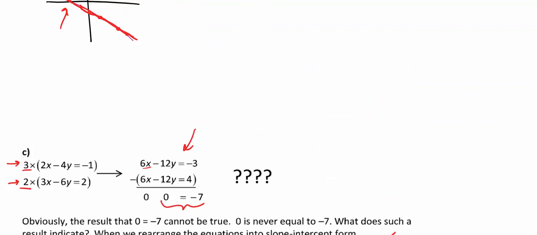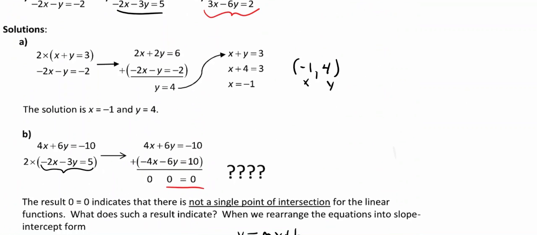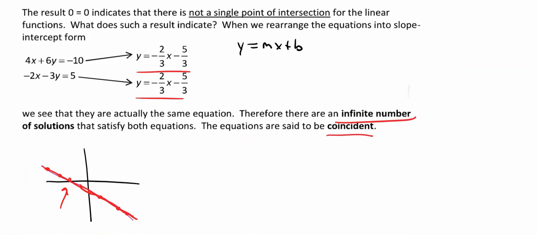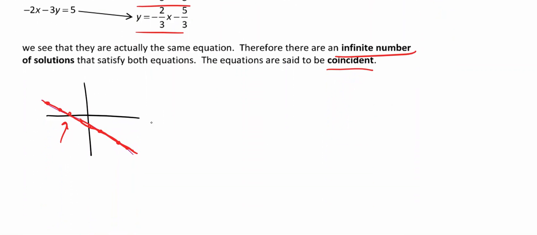So let's review. If the lines cross, like in the first one, it's where they cross, so there's one solution. If they end up being the same line, the lines are stacked on top of each other, and there are infinite solutions.